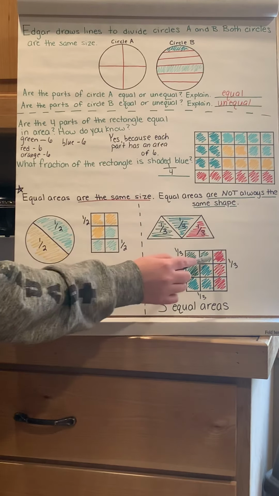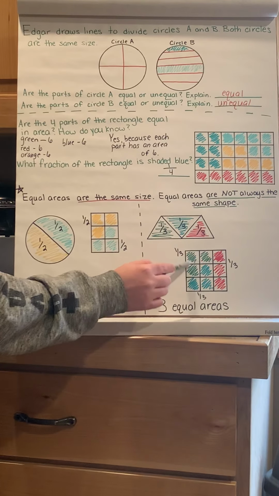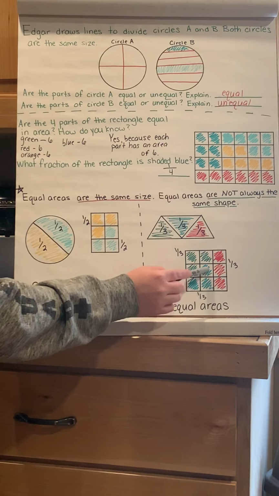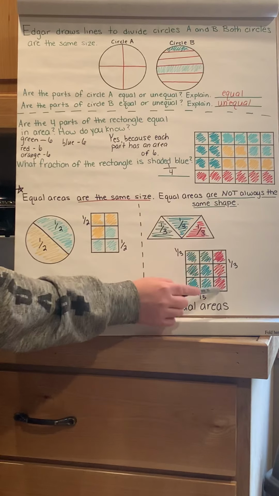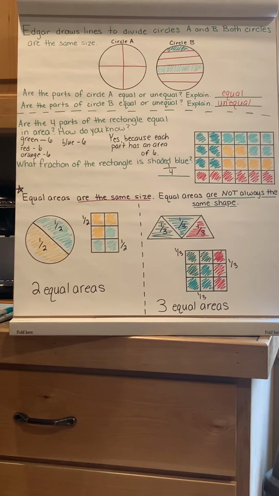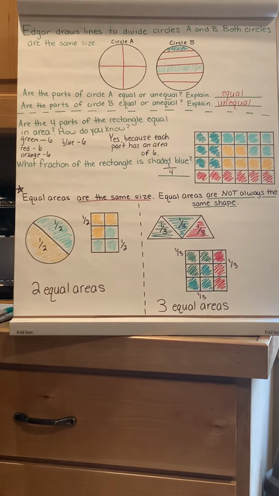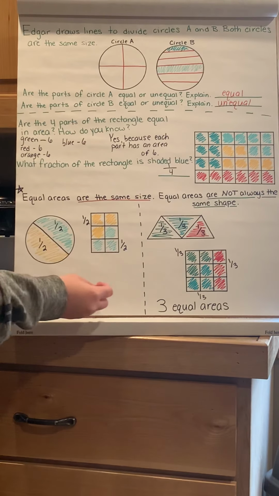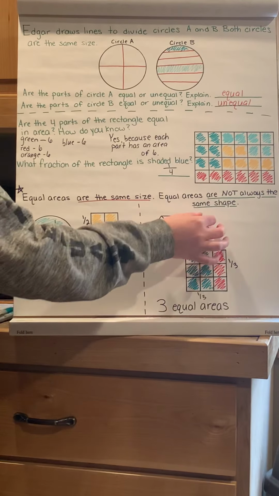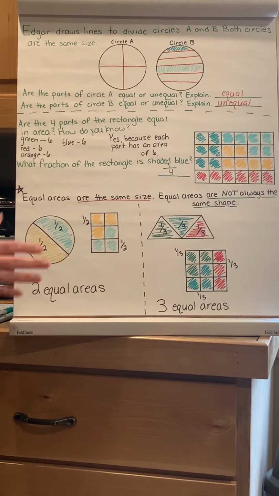It's split into 1/3 of it's green, 1/3 of it's blue, and 1/3 of it is red. Split in to 3 equal areas, but they're different shapes. Still the same size, because the area that they're taking up is still the same amount, but they're different shapes.